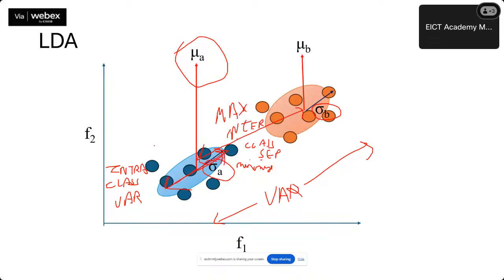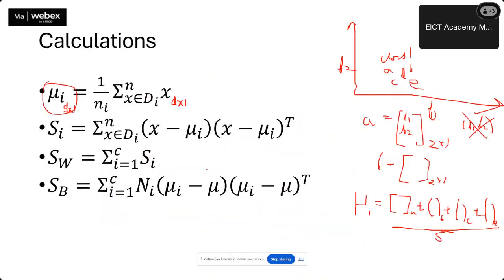But in reality, my data is n-dimensional in nature, and a lot of people doing mathematics would know how we calculate the covariance matrix of n-dimensional data. I think there was a lecture on PCA, so you would have known how we calculate it for n-dimensional data.